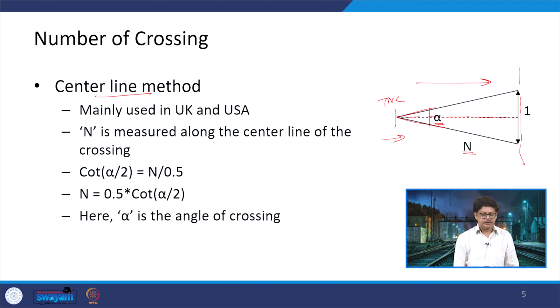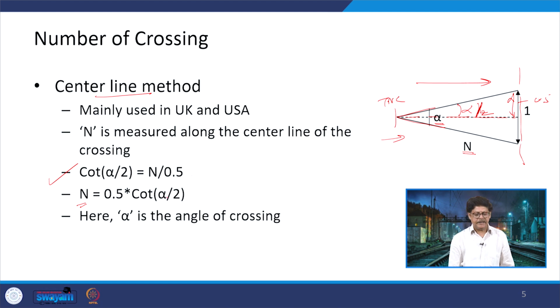Going by the geometry, it will be alpha by 2 here, and this will become 0.5. So cot alpha by 2 is equal to n divided by 0.5, or n is equal to 1 by 2 of cot of alpha by 2.